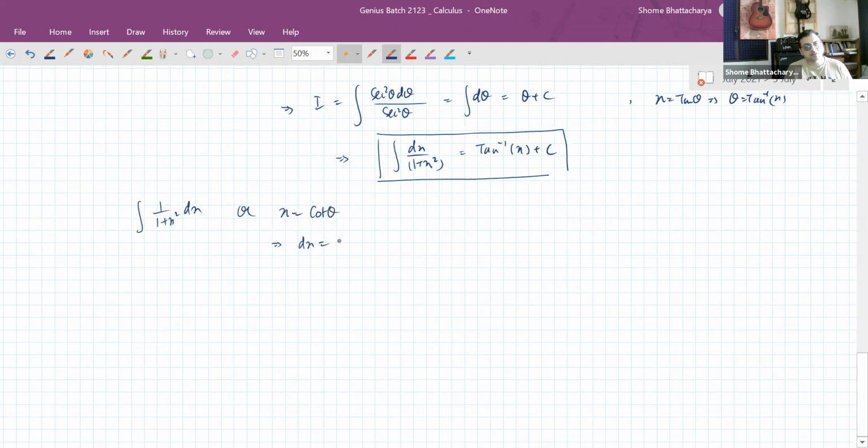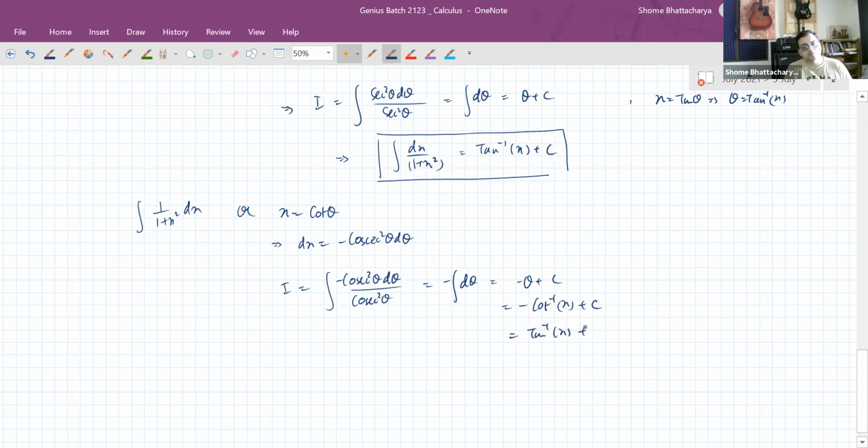So dx becomes minus cosec square theta d theta, because the differentiation of cot theta is minus cosec square theta. So the integration becomes, which is the same thing as tan inverse x.